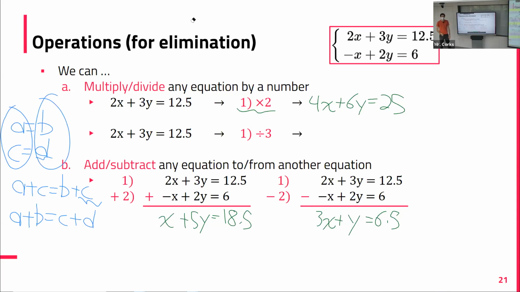So what I did was add the two left sides together and the two right sides together. It works because it stays balanced. This thing is an equation, it's balanced. The left side and the right side are different, but they are equal to each other. If I add equal things on both sides, it stays balanced. That's the basic idea.